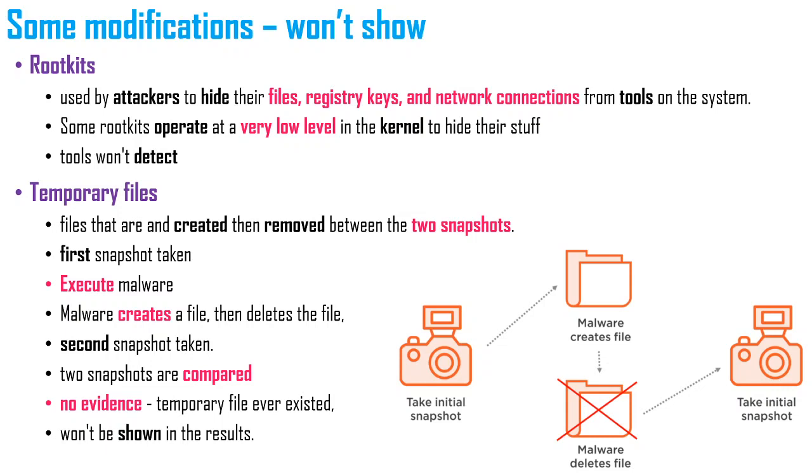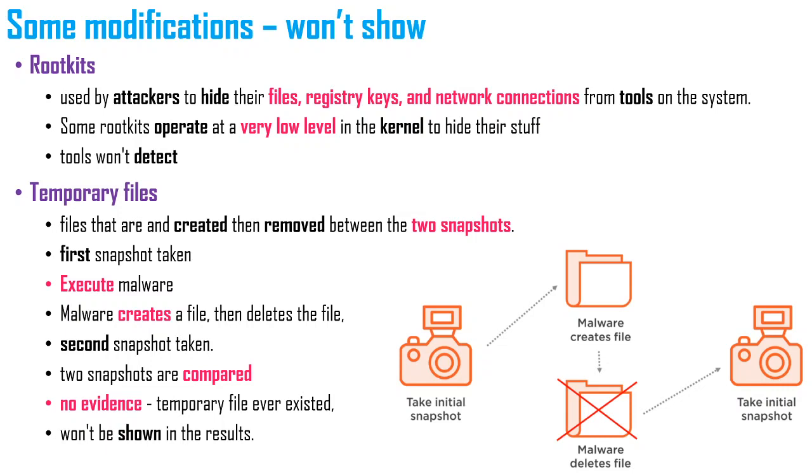The second one is temporary files, which are nothing but files that have been created and removed between the two snapshots. It is the temporary folder present in our systems, where during execution some file will be dropped in that particular temporary folder, and it remains for some time and then gets deleted.